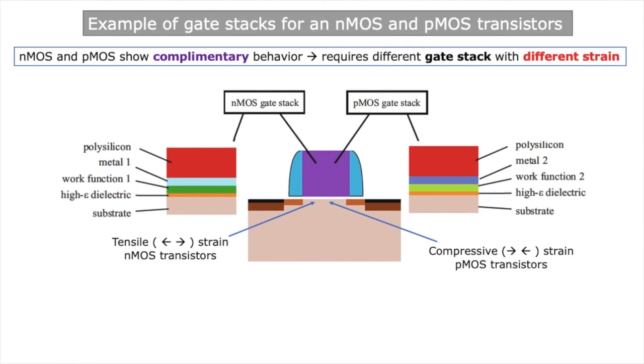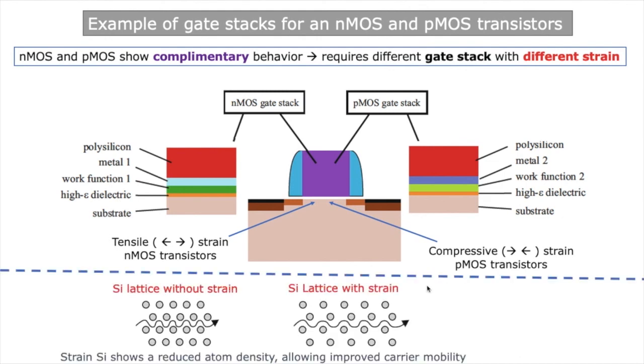Now sometimes you actually use this strain to control the charge flow as well. So normally strain is essentially a parameter that you make use of. For example, if you have a silicon lattice without strain, so these are your silicon atoms, you have some kind of charge transfer.